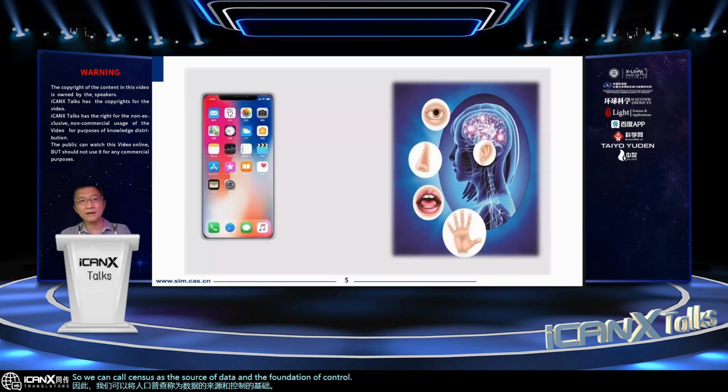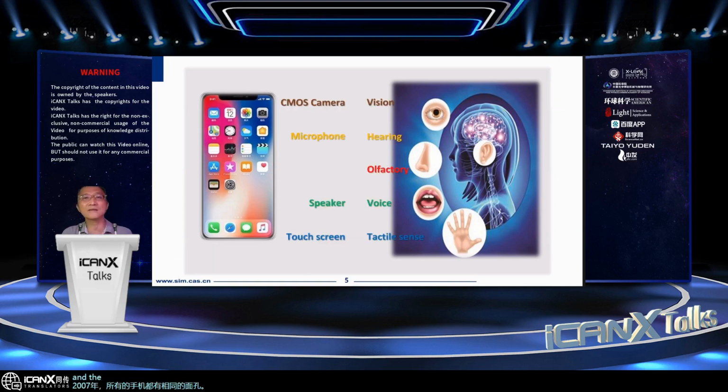So we can call sensors the source of data and the foundation of control. Here is an example in our current life. Here is the cell phone. You can find that after the announcement of the iPhone in 2007, all cell phones have the same face, and it can see, it can hear, it can talk, and it can feel.